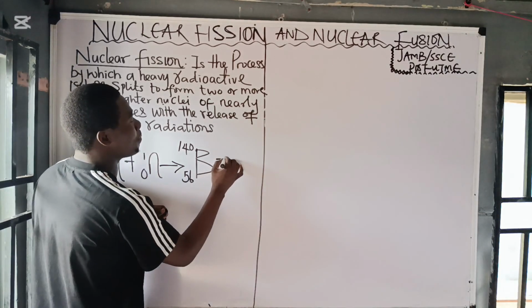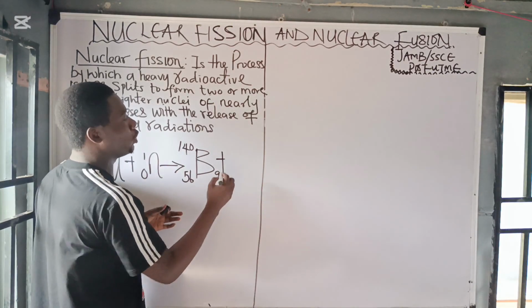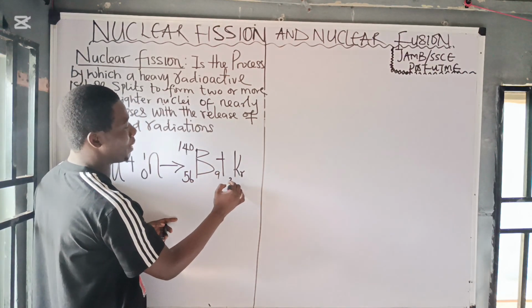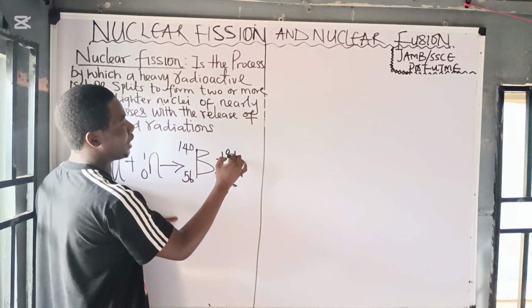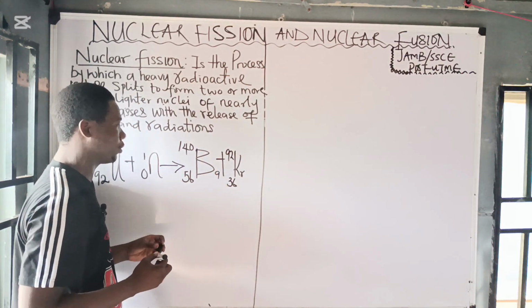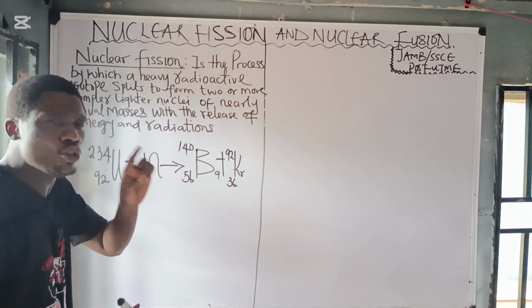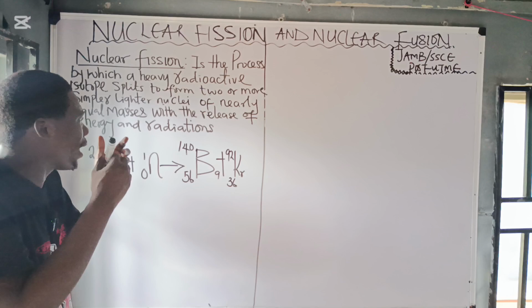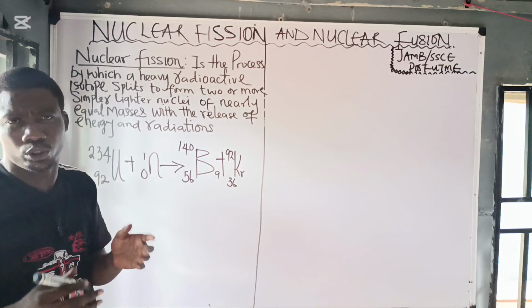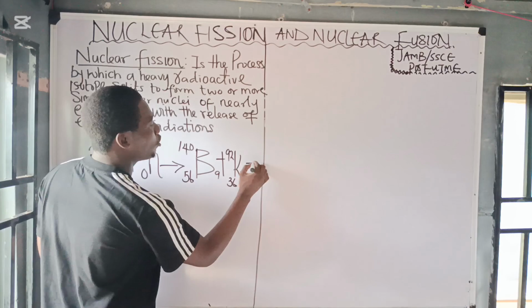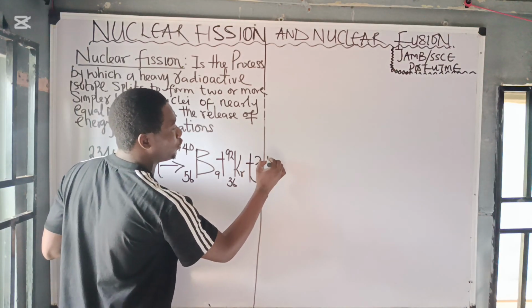Now the second particle that will be emitted will be krypton, with an atomic number of 36 and a mass number of 92 thereabout. Okay, now if we have this and this, do you know what will happen? This process is actually an exothermic process because it yields more neutrons. Yes, we will now have 3 moles of neutron.